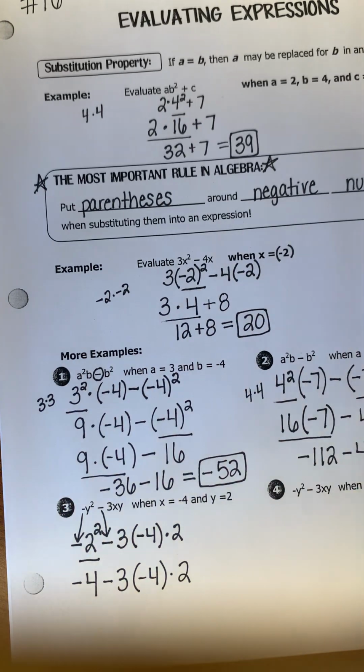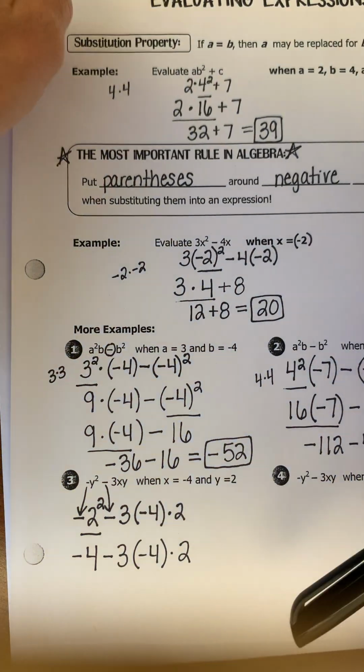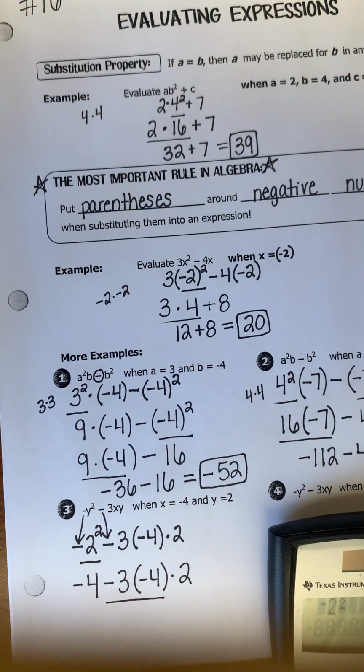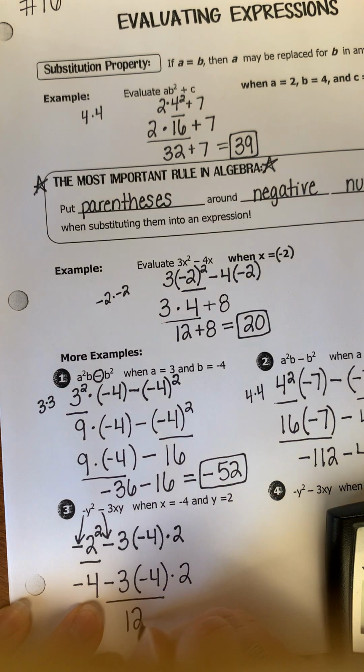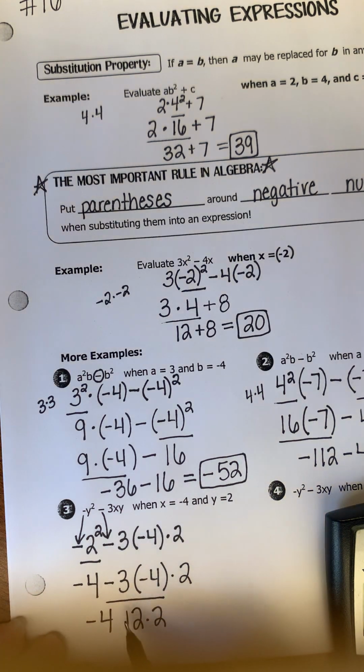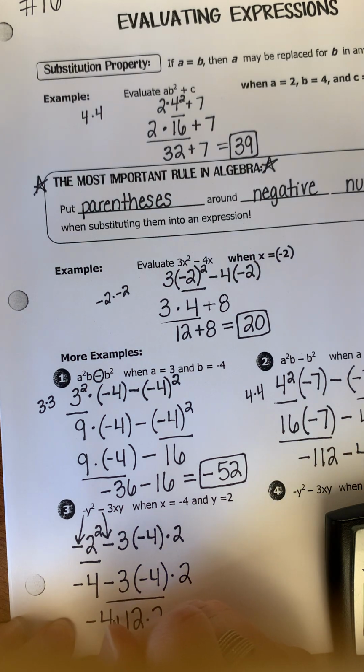A lot going on here. I then need to do multiplication left to right. So, left to right. Oops, knocking my papers here. So negative 3 times negative 4 is going to give me a positive 12.